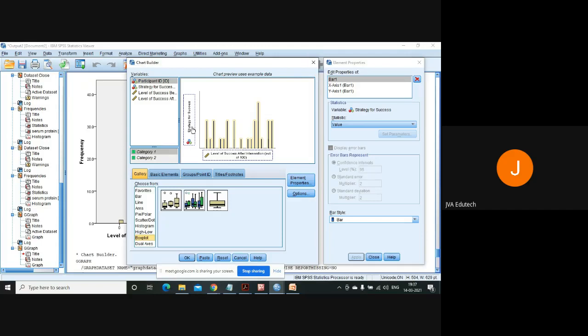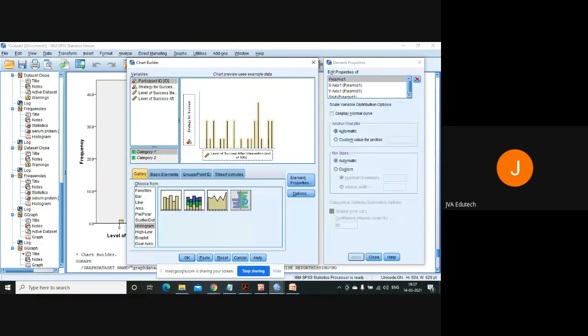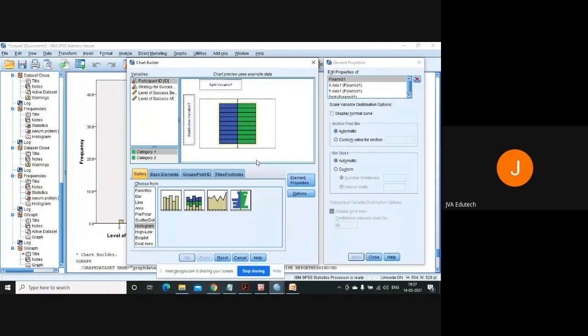So here I have taken the strategy of success, because I want to know between different populations. So let's take the strategy for success here as the split variable, because we have two groups, and let's put success after intervention on the y-axis, drag and drop.